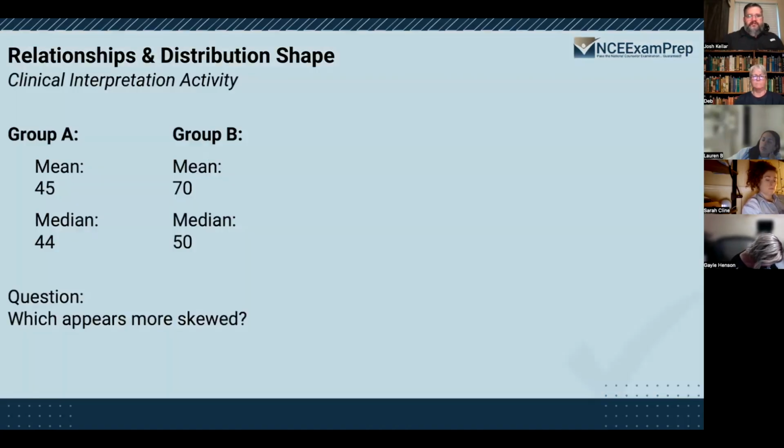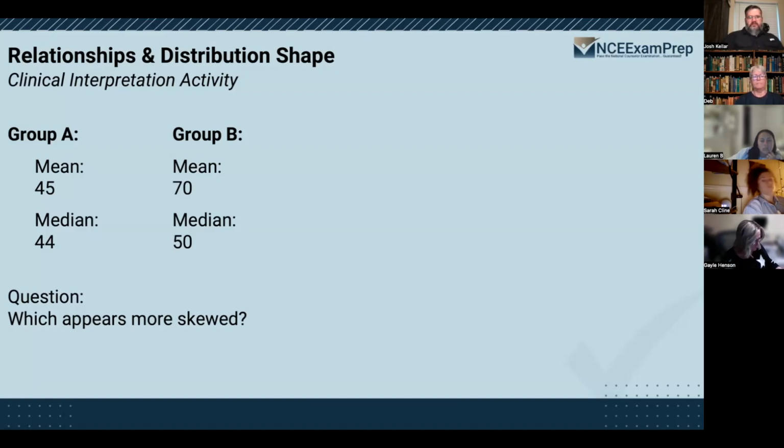So let's interpret this. We've got two different groups. Group A has a mean of 45 and a median of 44. Group B has a mean of 70 and a median of 50. Which group appears more skewed? Group B. Why do you say that? Well, if you subtract the median from the mean, it leaves you with 20.